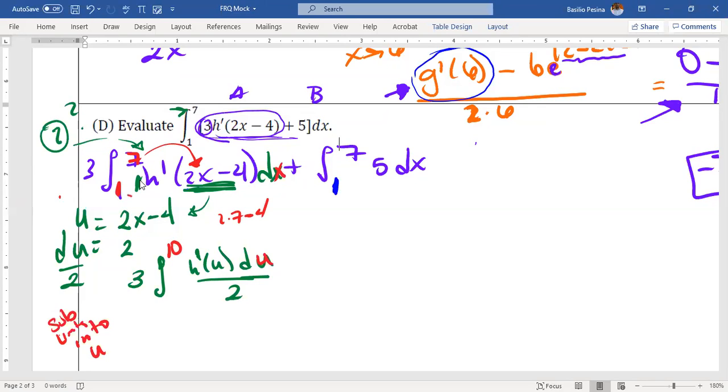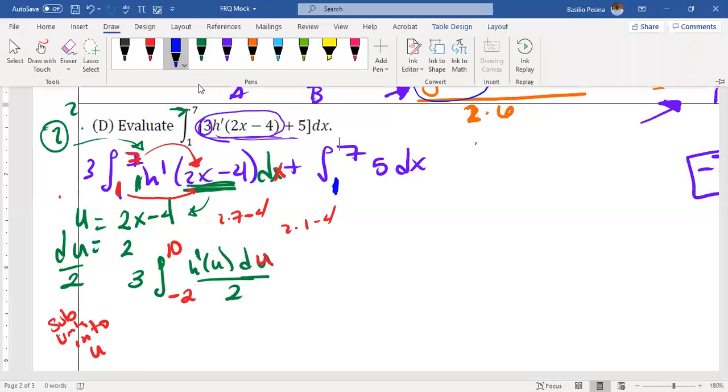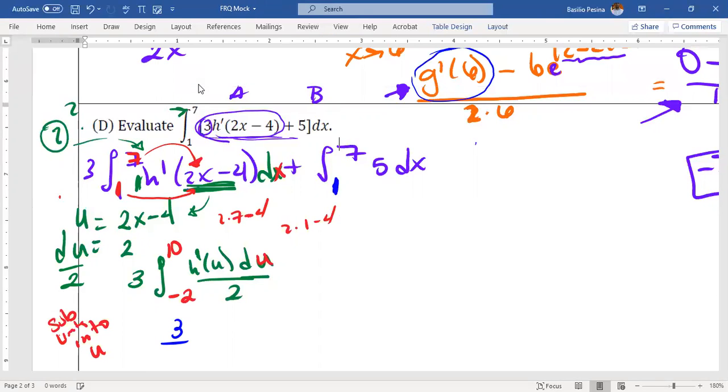And I do the same thing for the 1. 2 times 1 is 2, minus 4 is just -2. So we can write this a little bit nicer. This is actually 3, from -2 to 10, H prime u du.